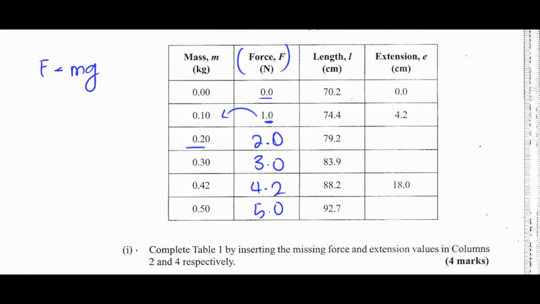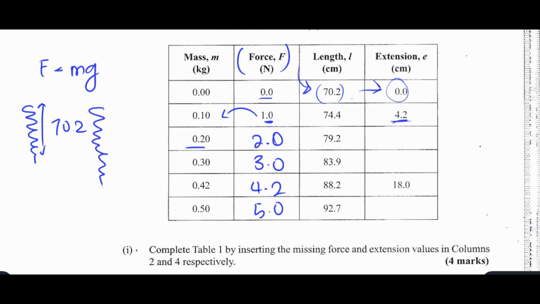Now for the extension, whenever the spring is not extended, its length is 70.2. So this is the original length of the spring. If you have a spring of length 70.2 and it extends 4.2 centimeters in length, that means the extension would be 4.2, and the new length of the spring is 74.4 centimeters.